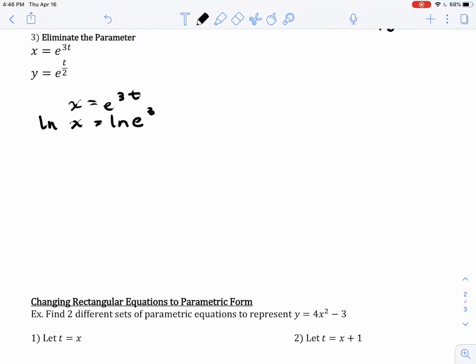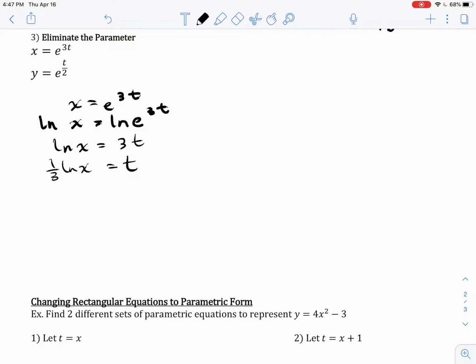And the reason why this is so great is because if we take the natural log of both sides and one side has e, review your logarithmic properties. If we take the natural log of e raised to the 3t power, that can just be written as natural log of x is equal to 3t. And that allows me to just say t is equal to 1/3 natural log of x.